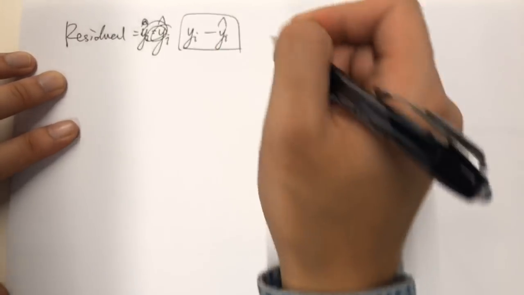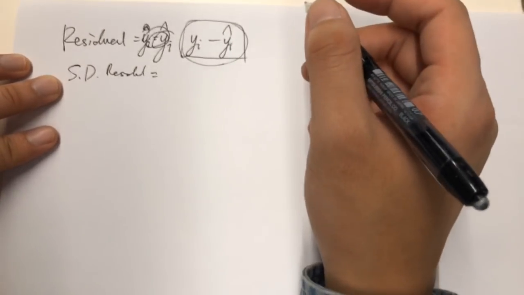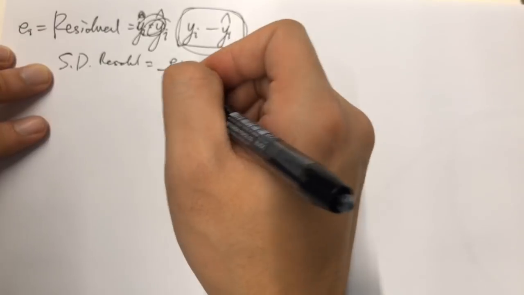For the standardized residual, they want to make the residual have a variance of 1 by dividing e_i by its standard error.